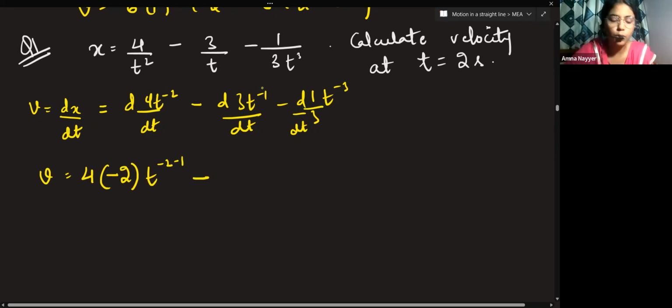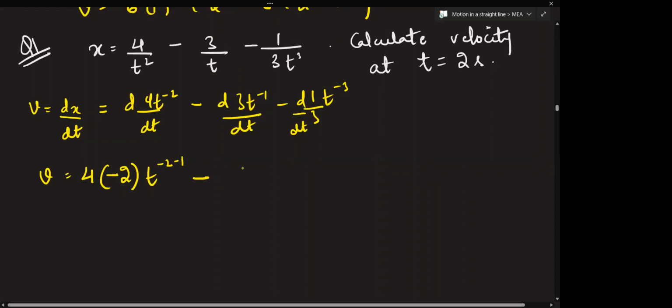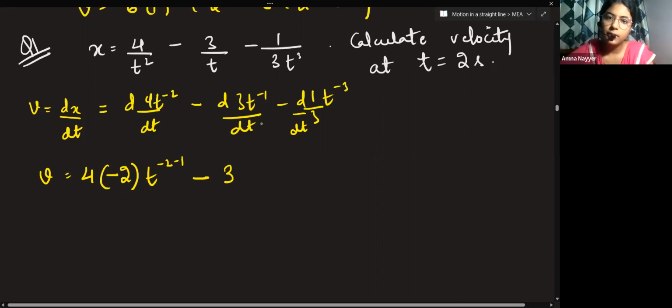Arnav, can you try? What did you write here on differentiating this term? Ma'am, it will be 3. That's it, only 3? Minus 1 won't come out? No, minus 1 is the power. For x to the power n, we write n x to the power n minus 1.